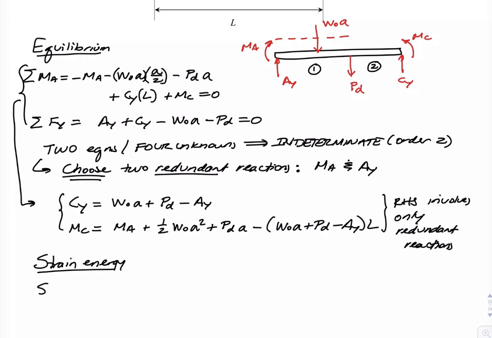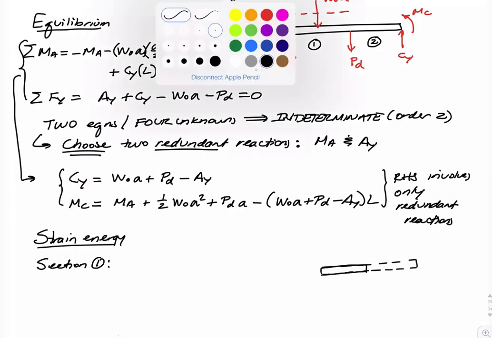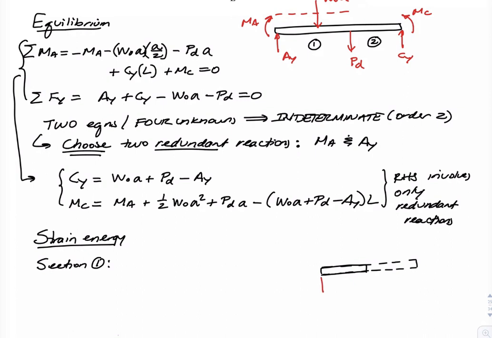So this is for section 1. What I will do is draw a free body diagram of the beam. I'm going to keep either the left or the right side. The cut is going to be somewhere between B and A. I'm going to keep the left side. And so what we've got here is AY.